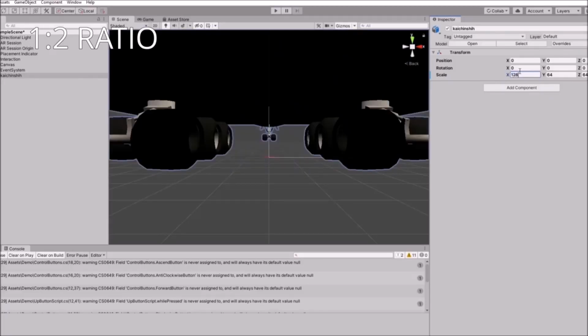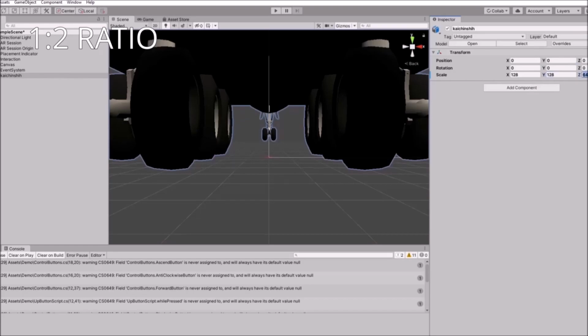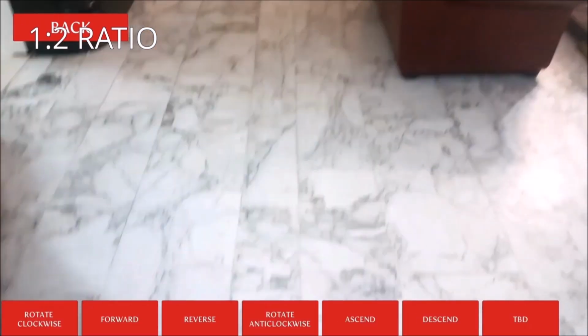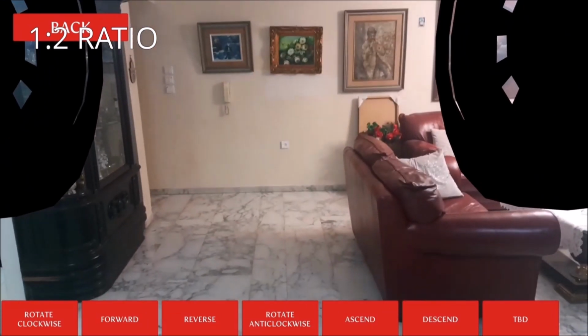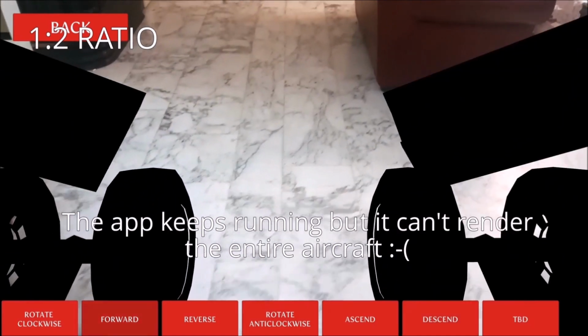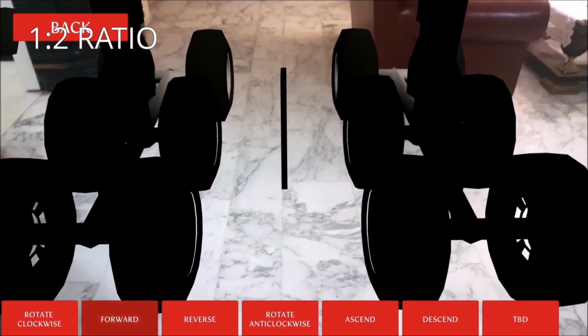Oh my god. It's right above. The thing with those sizes is that the engine no longer can render the aircraft to its actual size.